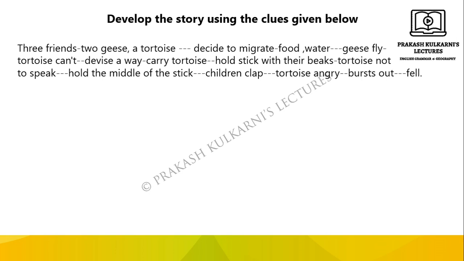Read carefully. 3 friends, 2 geese, a tortoise, decide to migrate, food, water, geese fly, tortoise can't, devise a way, carry tortoise, hold stick with their beaks, tortoise not to speak, hold the middle of the stick, children clap, tortoise angry, bursts out, fell. Dear students, please read again.